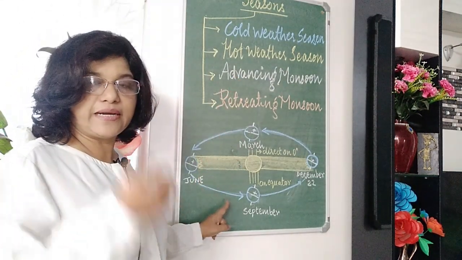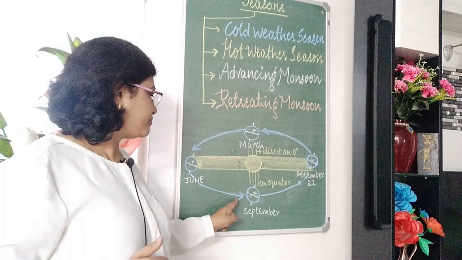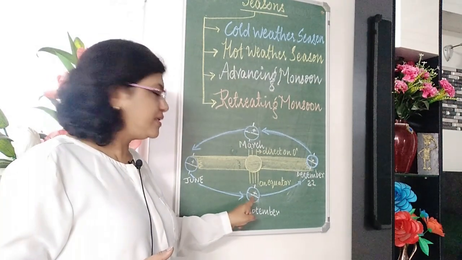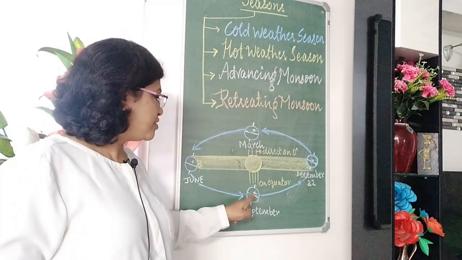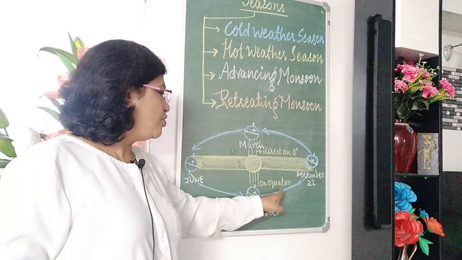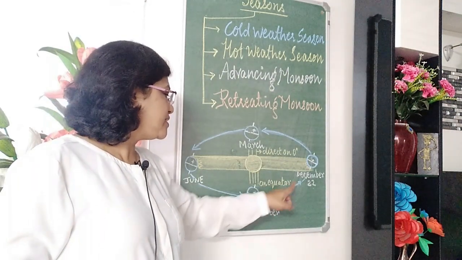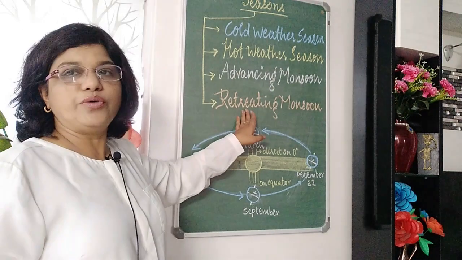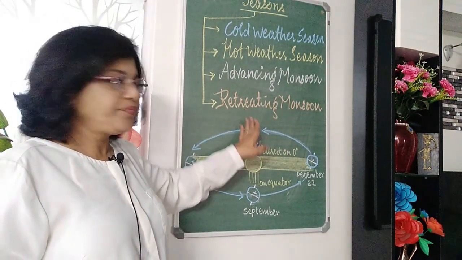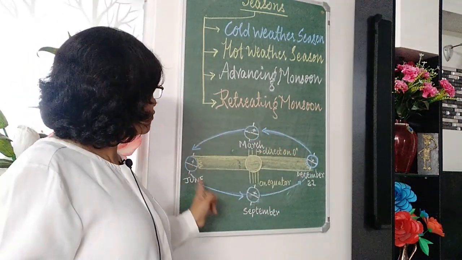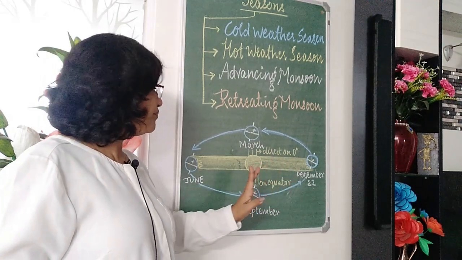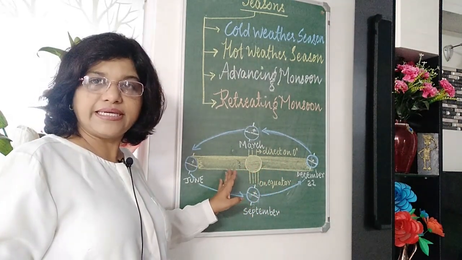The monsoon comes towards India, and then from September the earth becomes colder and the heat belt shifts again. So, what happens? The monsoon starts going back. Okay. So, that is how the 4 seasons occur in India. Hope you have understood this nicely.